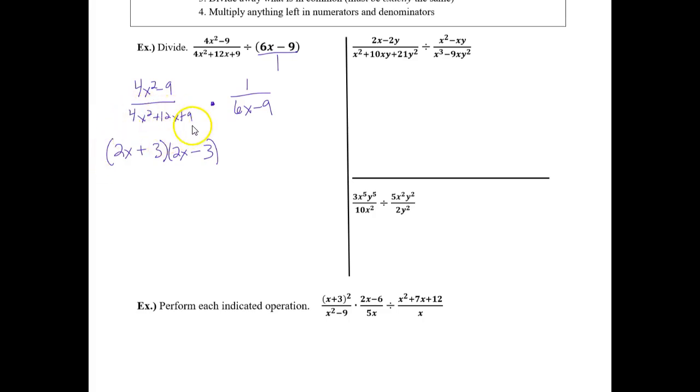In this next one, I see that this is a perfect square, and the last term is a perfect square. And if I take what those squares are, so 2x times 3, that would give me 6x, and then if I double it, I would get 12x. So this is a perfect square trinomial.